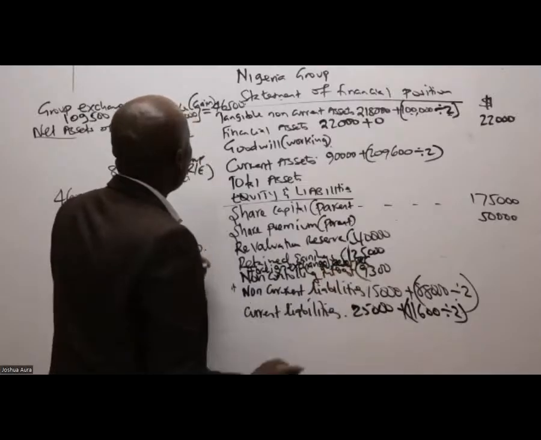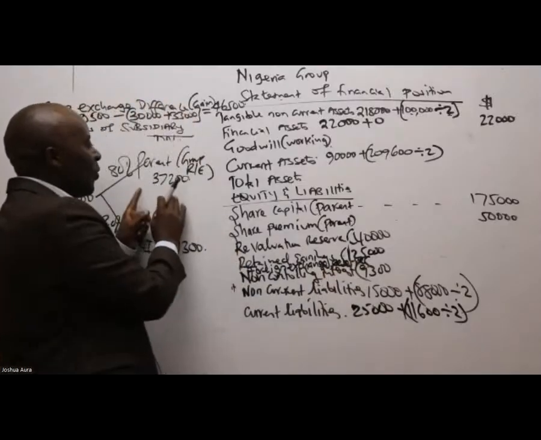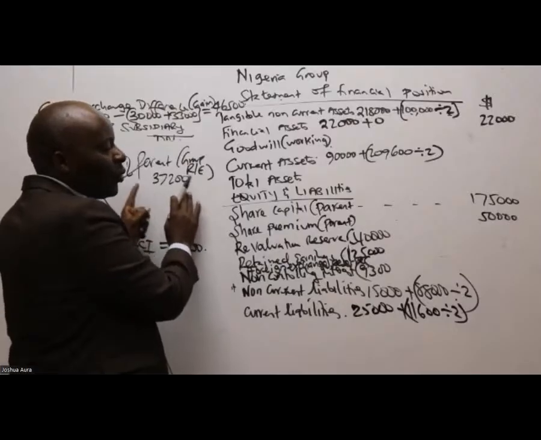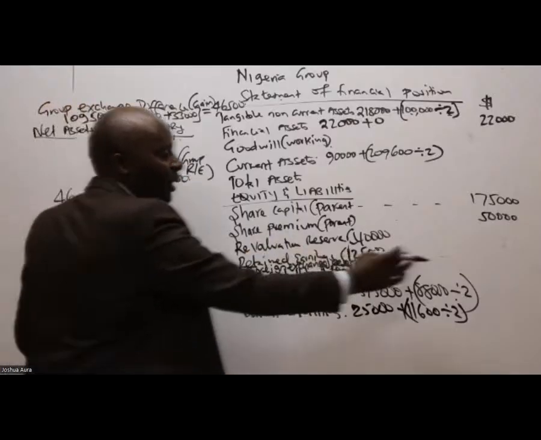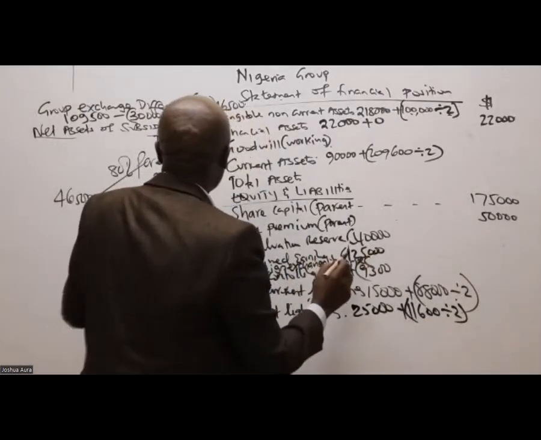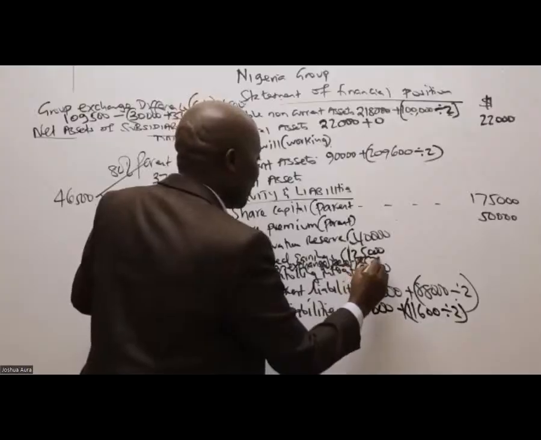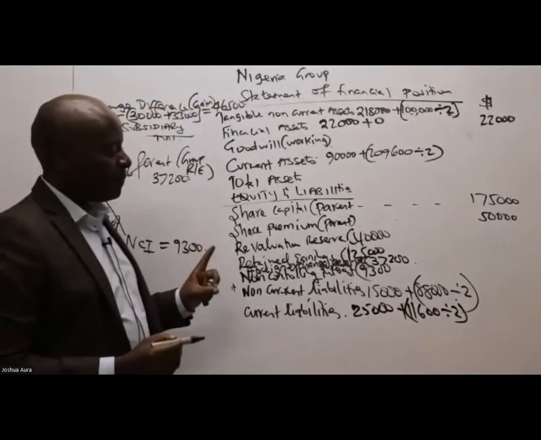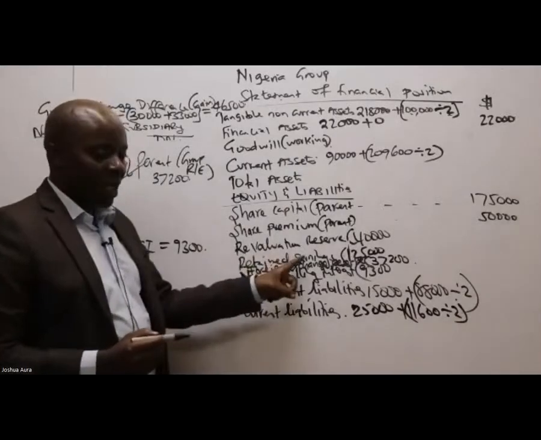So foreign exchange reserve, the one of the parent, will go to the equity of the parent. But don't take it as the last figure here. We'll still have something. So you're just writing as a working 37,200 there. Foreign exchange reserve.